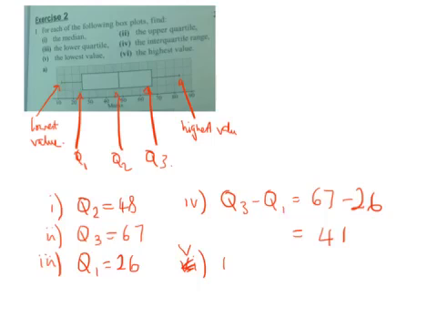So the lowest value is 13. And the last part, part 6, asks you for the highest value, and the highest value is this point here, and that's 83. Highest value is 83.